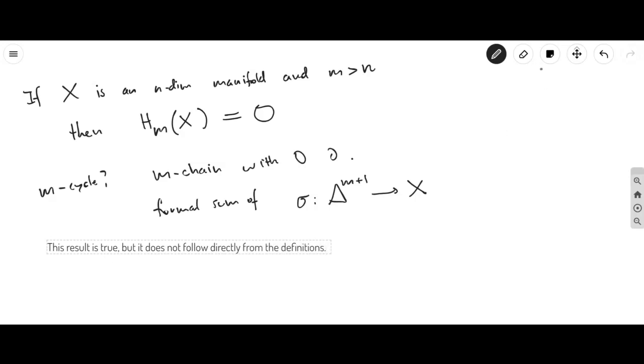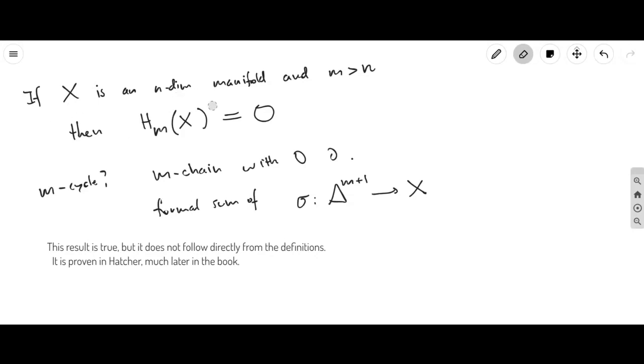Quite simply because you do not know anything about this map. This is a map in general. You really do not know anything about it. If you're interested, it is proven in Hatcher much later in the book. So he actually has to develop some extra machinery before he can come back and prove it. So it's true, but it's not easy to prove.